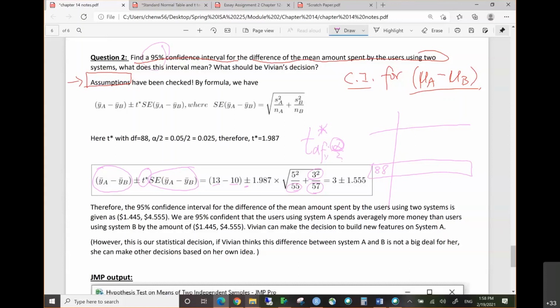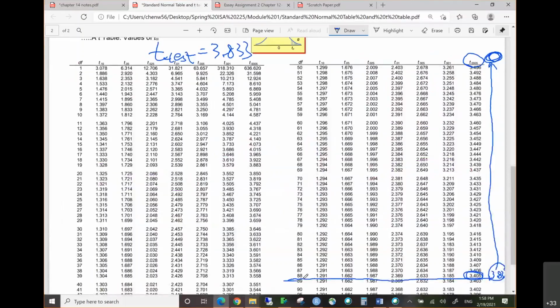That means the alpha will be 0.05, right? Divide by 2, which is 0.025, right? So we combine these two together so that we find this t star on the t table, right? So we go to the 88 line, which is our degree of freedom, right? Combine with t of 0.025, go down, and then combine these two together, you have 1.987 as your t star.